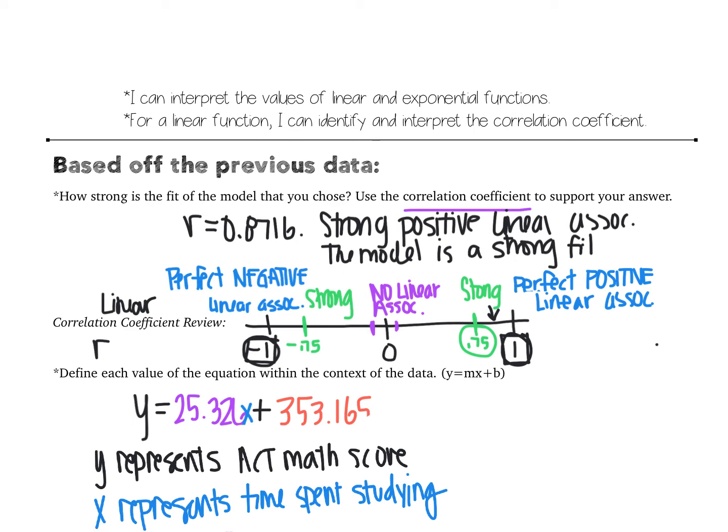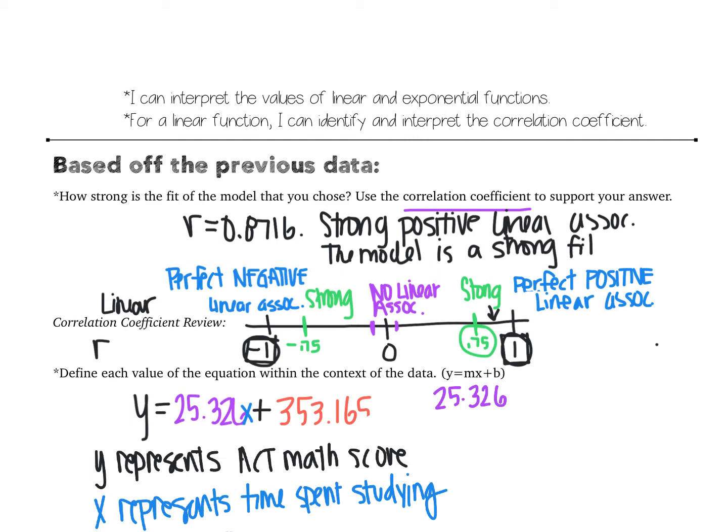All right, so then let's do our 25.326, which was our slope. So slope is always a fraction. So it's basically 25.326 something over 1. Well, it's change in y, so it's the change in the math score for every 1 hour studying.